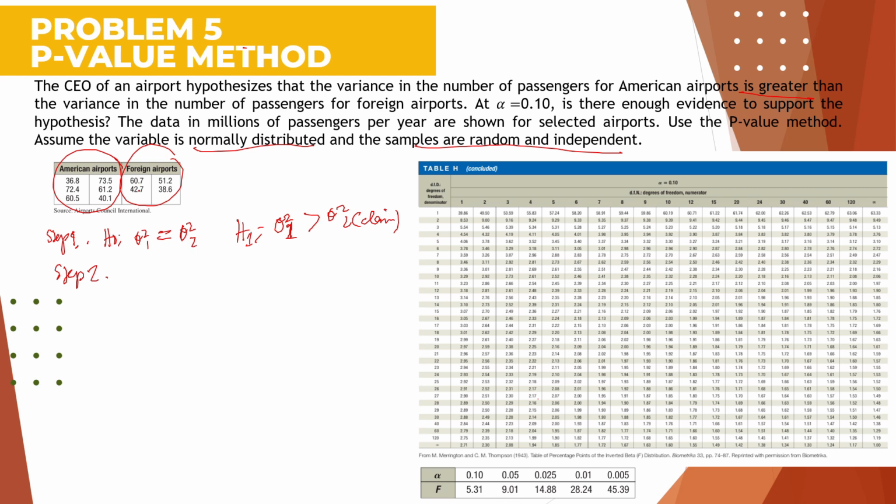So using your calculator, and I believe that I have taught you how to use a calculator during the previous discussion, so I'll just present to you the result of this one. For Americans, in each group our numerator is our s squared 1.